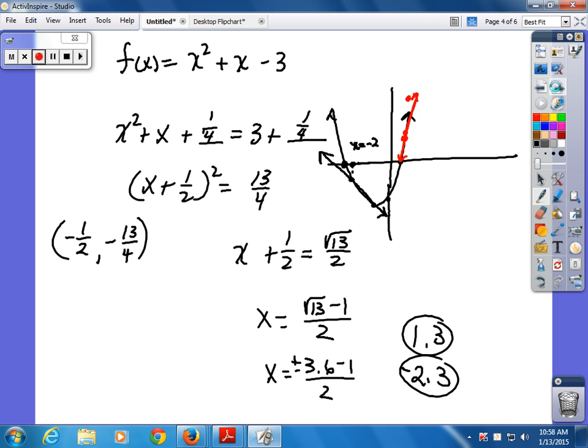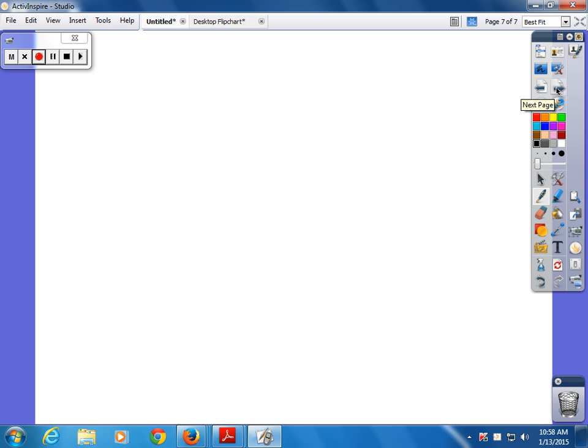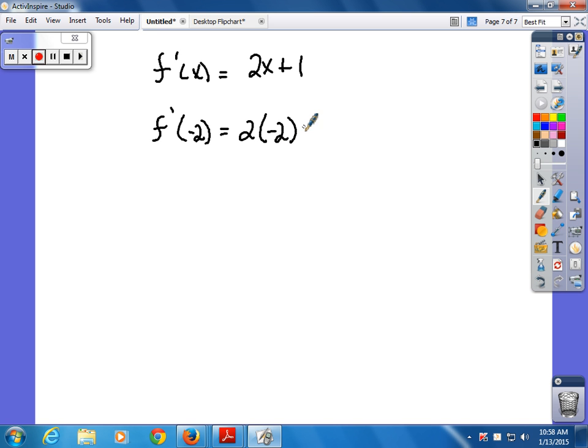Well, we'll go over to our handy-dandy equation that we got. f prime of x is equal to 2x plus 1. And f prime of negative 2 is equal to 2 times negative 2 plus 1, and negative 4 plus 1 is equal to negative 3. So the slope of that line is negative 3 over 1.